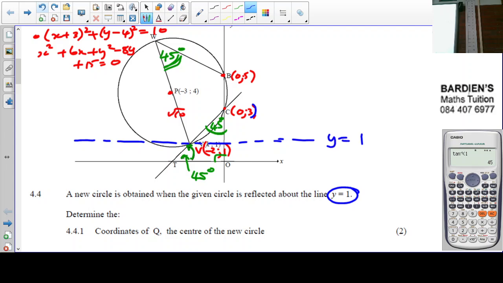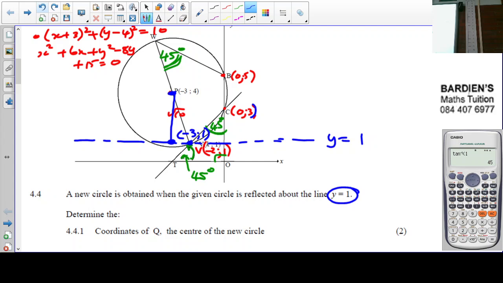So if we reflect this in this line, then this point remains that point. Then this point of negative 3 and 4, the distance from there to there, the coordinate here will be negative 3 and 1. Not so? Because that's now on this line.